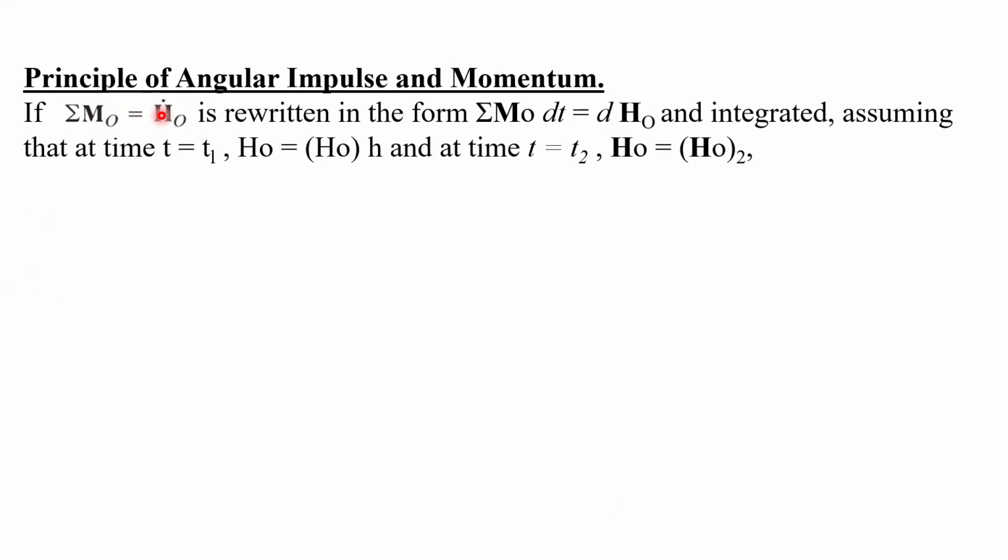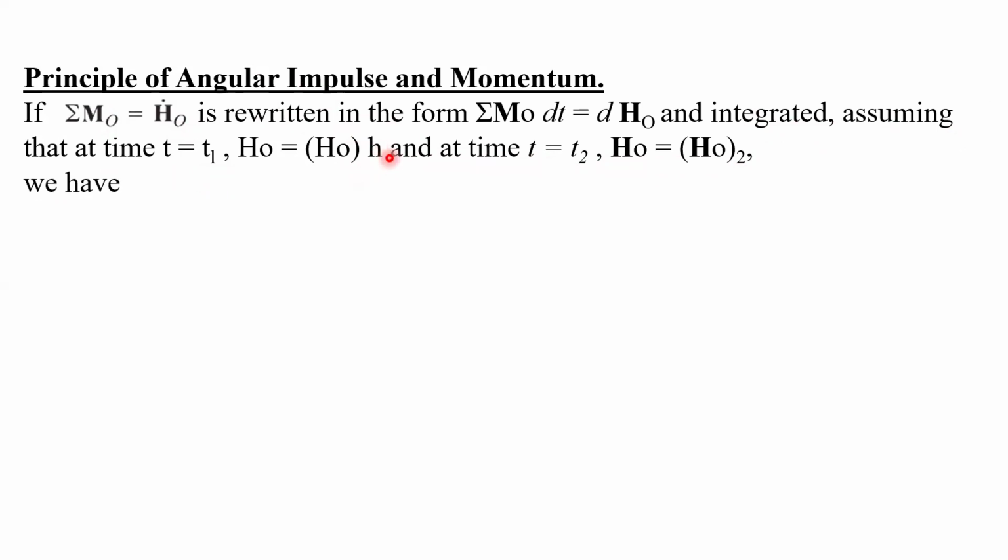So we now bring the dt here by cross multiplication, and d is left here, and integrate, assuming that at time t equal to t1, h naught is equal to h naught 1, and at time t equal to t2, h naught is equal to h naught 2. So this one should be 1.